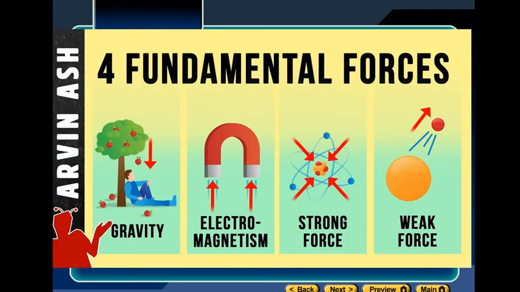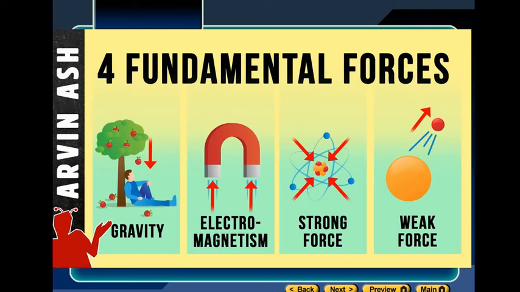At the end, you should know that we have 4 fundamental forces: gravity, electromagnetic force, strong force, and weak force. That is the 4 fundamental forces, and all of them are field forces.